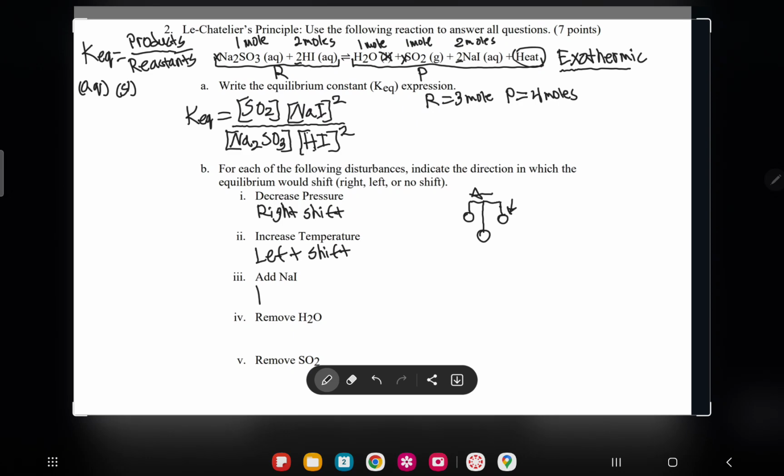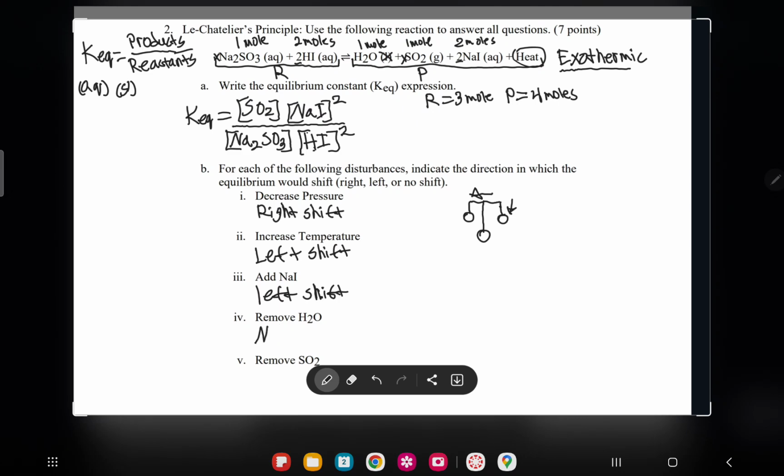So this will be a left shift. And then with H2O, H2O is not part of the Keq expression, so it's not part of the disturbance.